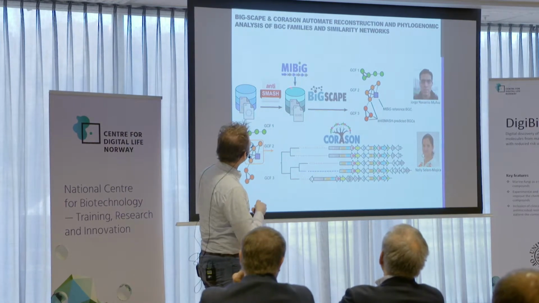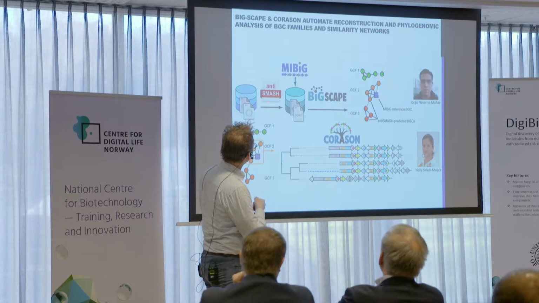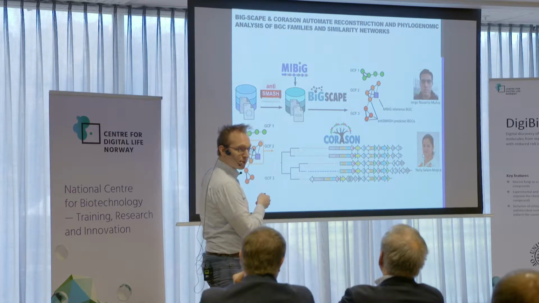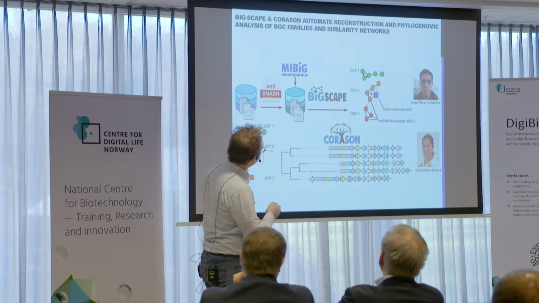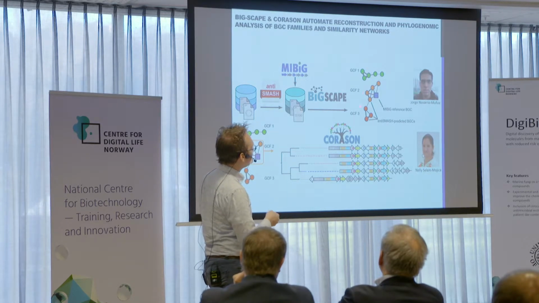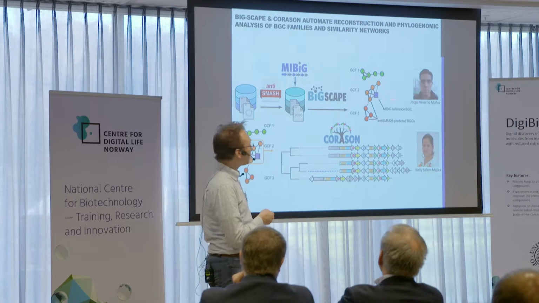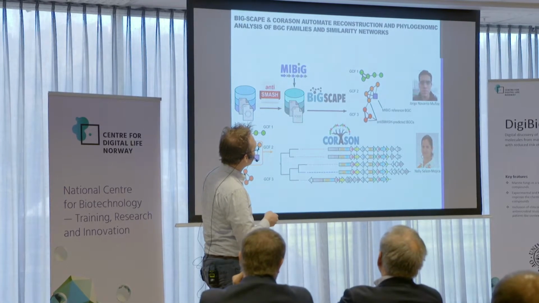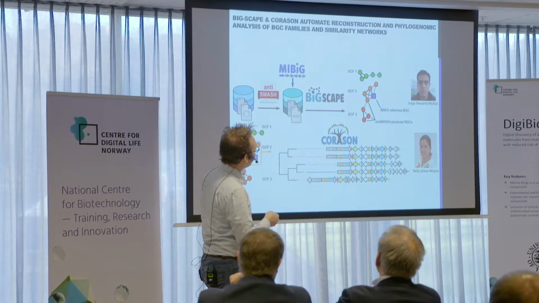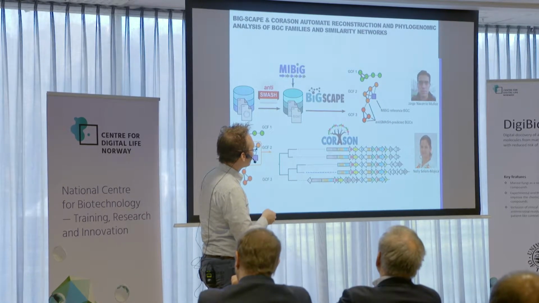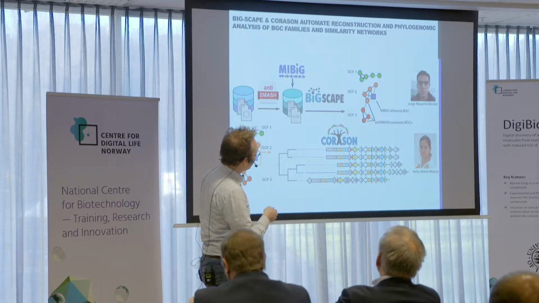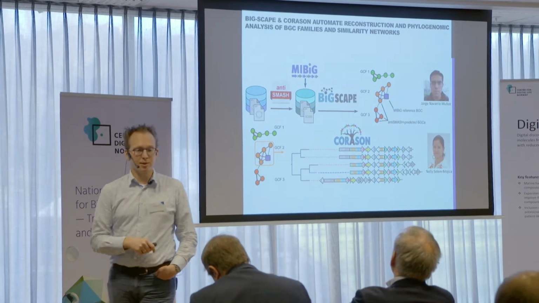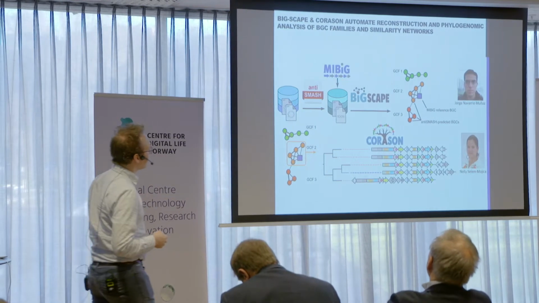So what happens here is first you have a bunch of genomes, you run them through antiSMASH, you get all your gene clusters, you add reference gene clusters of known function from MIBiG, then you run them through BiG-SCAPE, and BiG-SCAPE automatically reconstructs sequence similarity networks of all your gene clusters, including the reference clusters, and groups them into families. In some cases, they will be families without reference gene clusters, so families of unknown function, and in some cases, they will be families with reference gene clusters that do have gene clusters of unknown function.